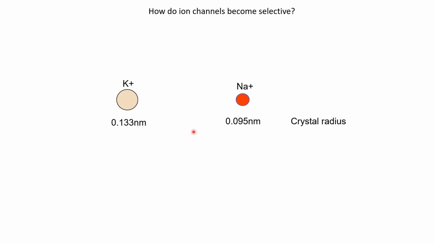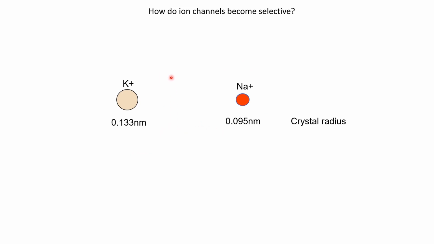Now we can understand how a channel can become specific to sodium. If that channel has a smaller pore, then one can expect that the pore would allow the sodium ions to pass through and may be able to block the larger potassium ions, if the pore size is somewhere in between these two values.